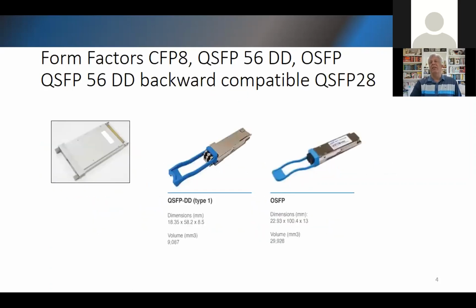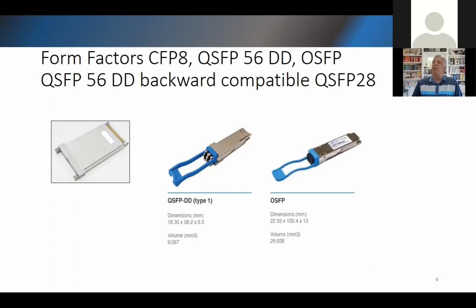So let's take a look at some 400 gig form factors. The first thing we have are the CFP8s, and then we have the QSFP56 double densities and the OSFPs. The OSFPs have a little bit higher power requirement and a different thermal budget management.